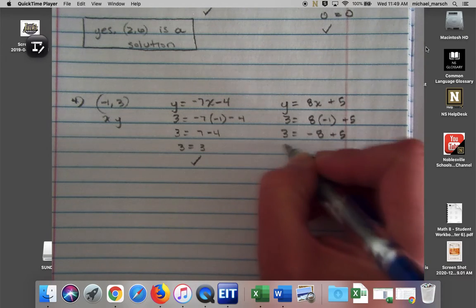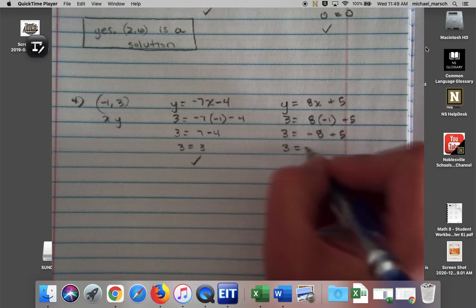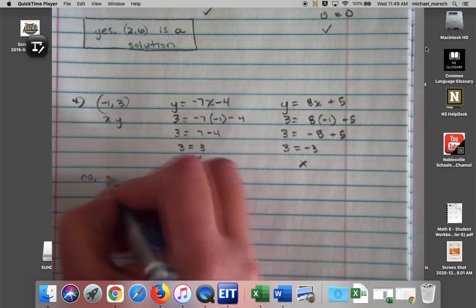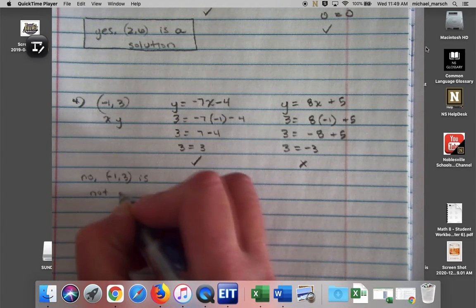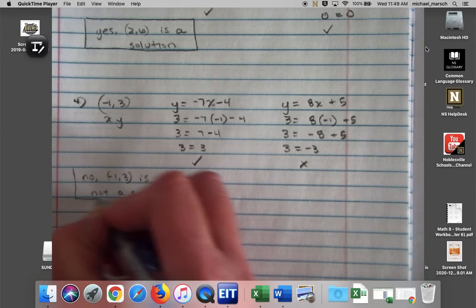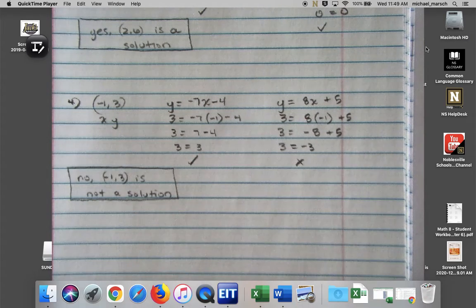Is that a 7 or a 1? That's a negative 7x. Check your work.